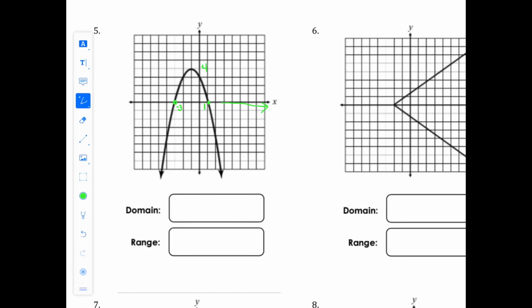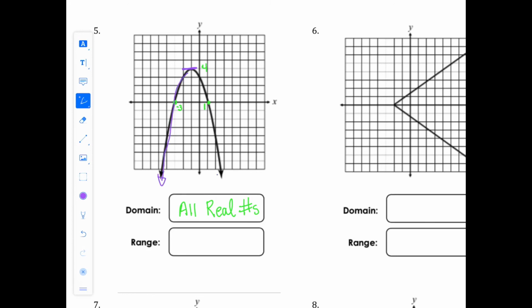So, folks, what do you think the domain of this function is? It's all real numbers because every x value eventually is going to be on that graph, and it will have a corresponding y value. Now let's look at the range for a bit. I think we can agree that this is the largest y value that it takes.